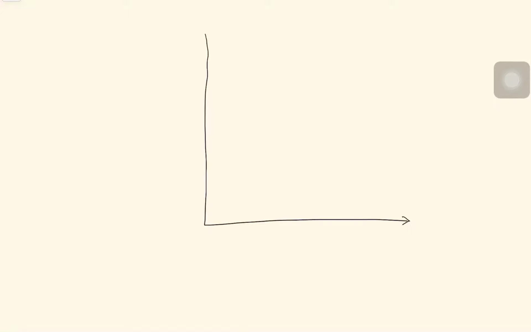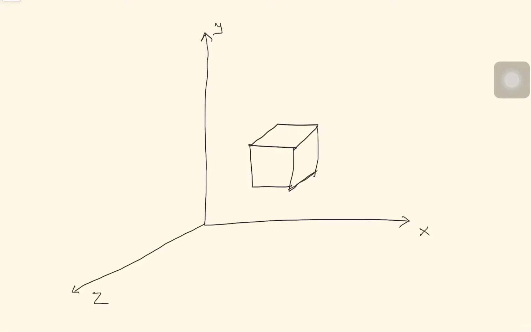Suppose we have three axes, that is x axis, y axis and z axis. Now what is fixed point scaling? Suppose I have this 3D object and it has A, B, C and D points, right?